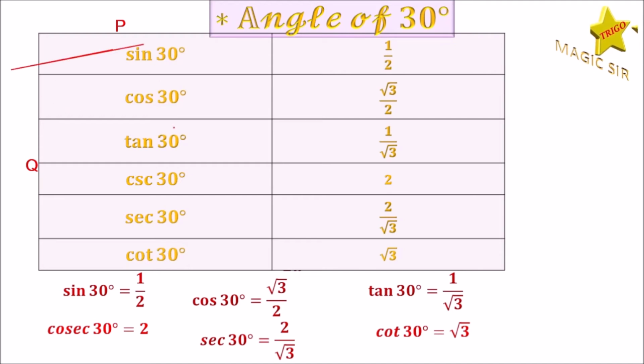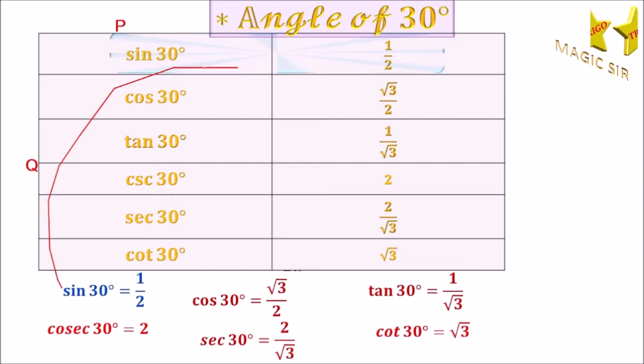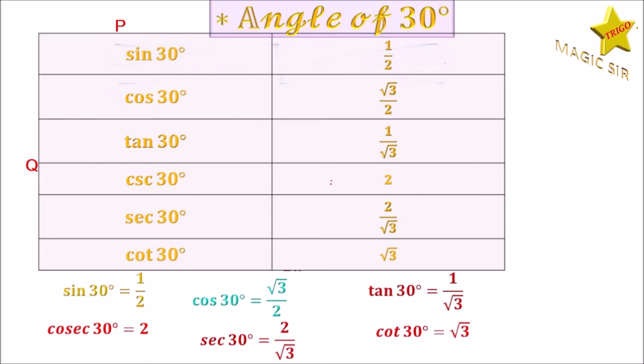Look at the table. We have sin 30 degree is equal to 1 upon 2. See the animation in the first row of the table. Sin 30 equal to 1 upon 2. Cos 30 degree is equal to root 3 by 2.